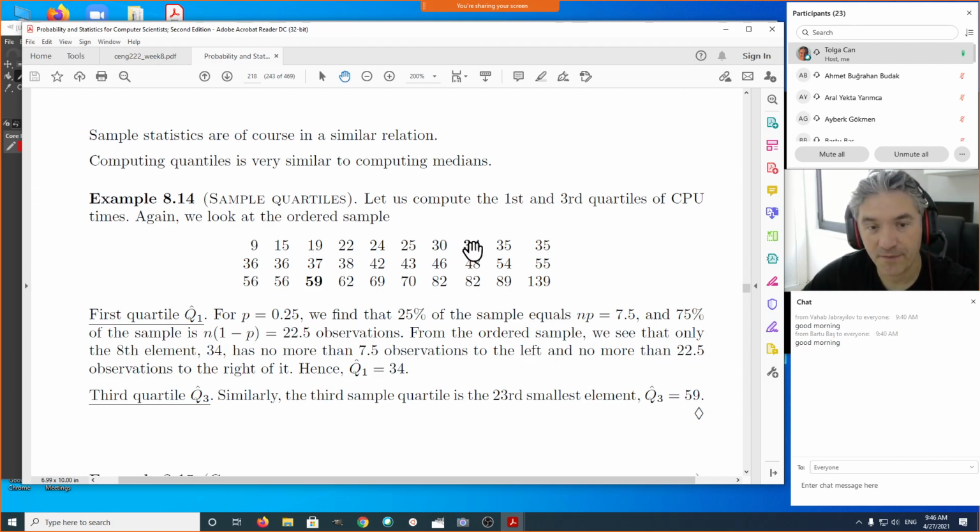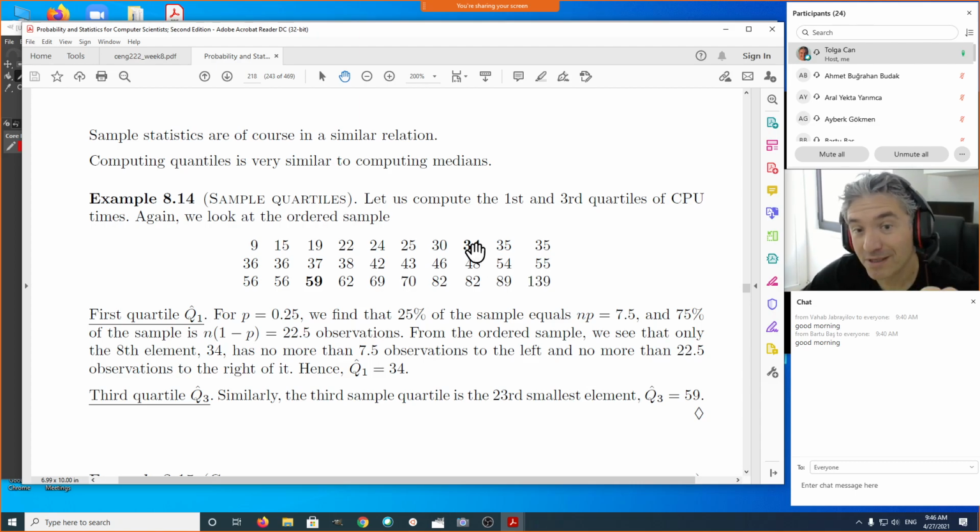So the only element that satisfies this is 34. It doesn't have more than 7.5 elements to its left. If you count, there are 7 of them, right? Less than 7.5. If you count to the right of 34, there are 22 elements, not more than 22.5. And therefore, 34 is the first quartile.